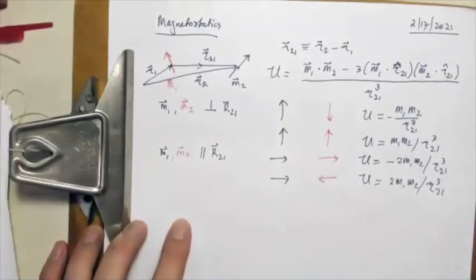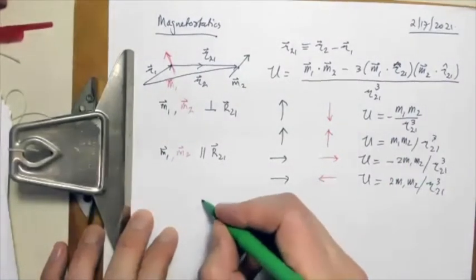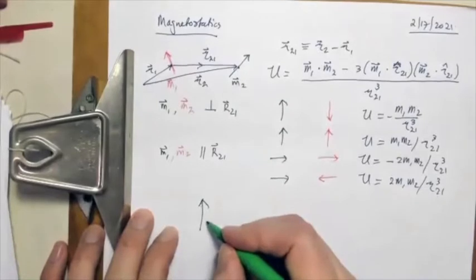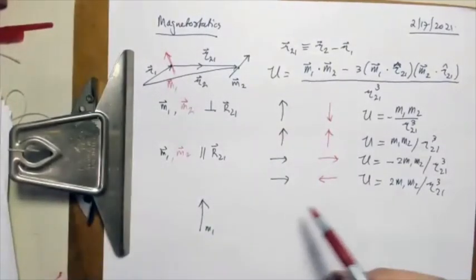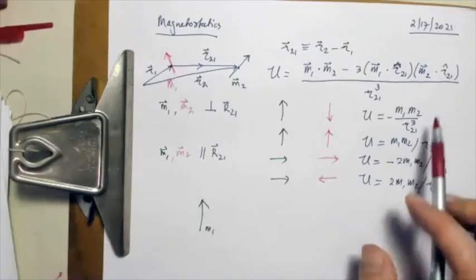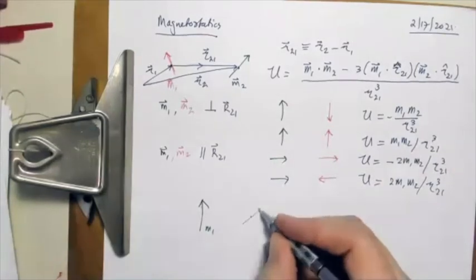magnetic fields. So let's say we start with our M1, and we're putting it here, and then we're placing our M2 somewhere here. Now we're giving it some kind of an arbitrary direction.